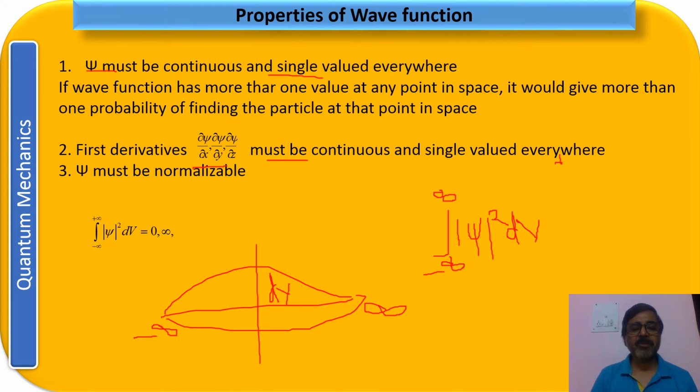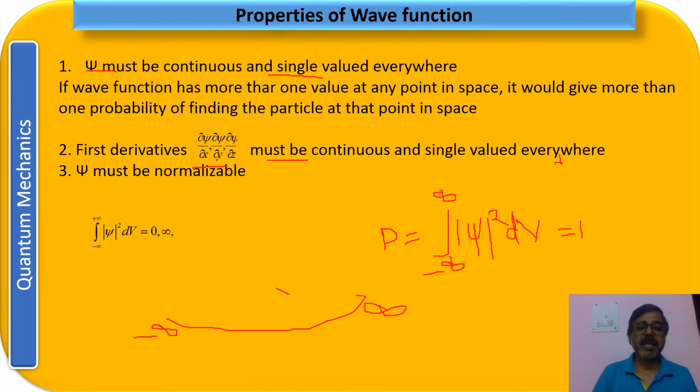So minus infinity to plus infinity within this wave packet, the integral of mod psi squared dV is equal to 1. If the probability in this wave packet from minus infinity to plus infinity comes out equal to 1, that is called normalization. So psi must be normalizable. This is the meaning of this, right?